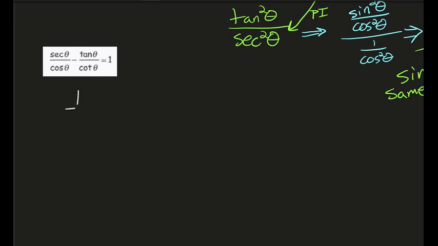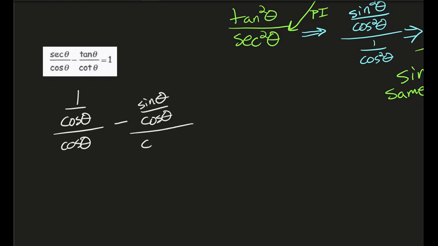So secant of theta is 1 divided by cosine of theta, divided by cosine of theta, minus, well, what I want to do here is, we've got our sine of theta divided by cosine of theta. Let's work with both sides on this one. Okay, so we've written everything in terms of sine and cosine.